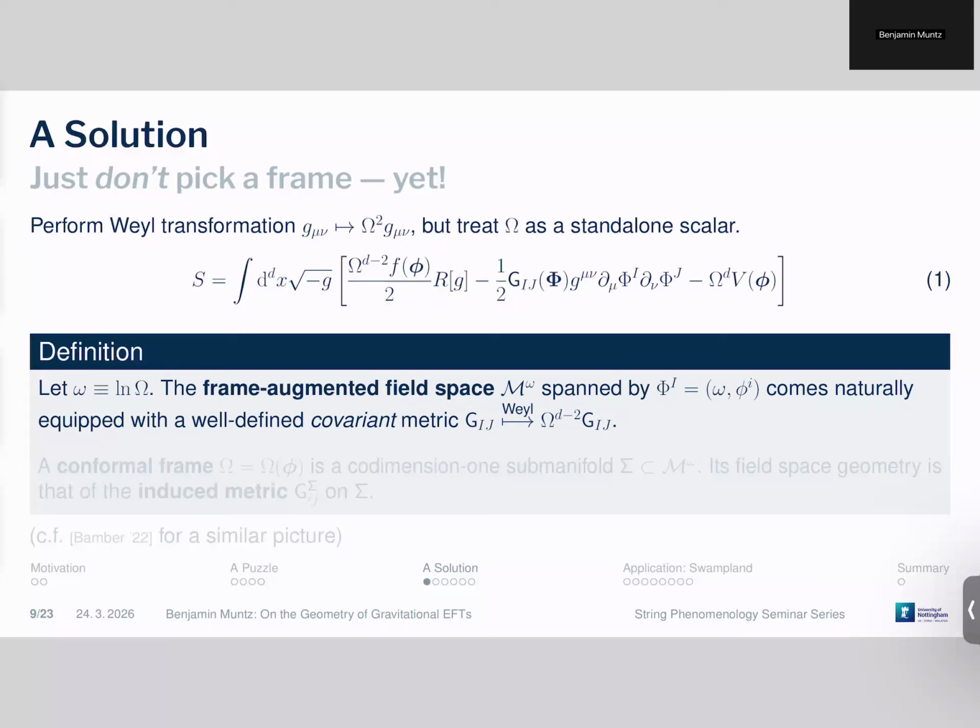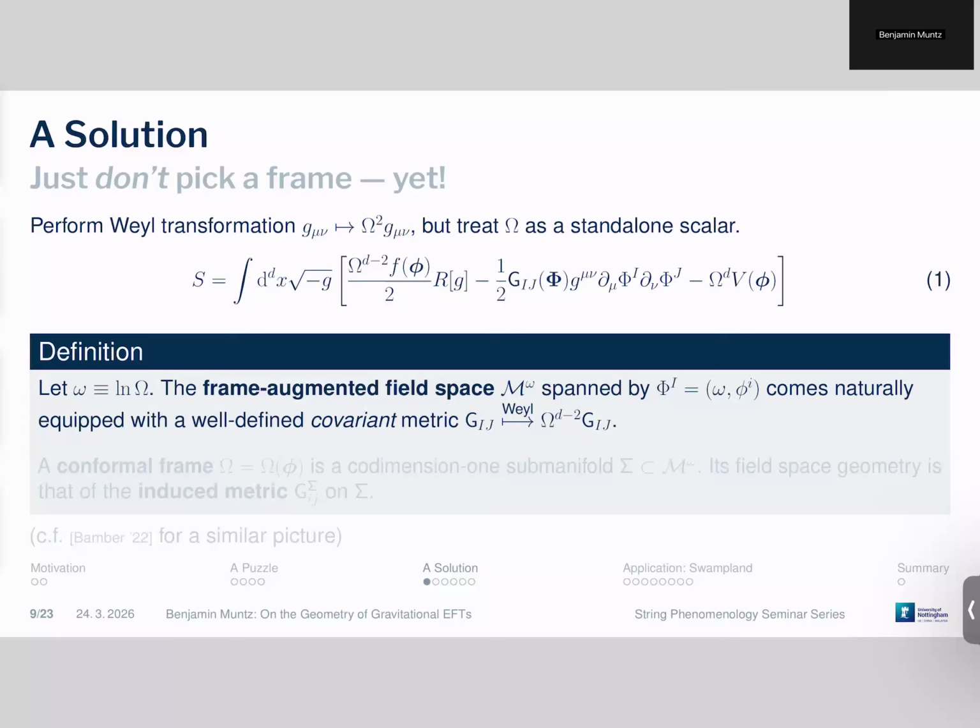Then I can define this frame-augmented field space metric. And it transforms covariantly. So if I perform another Weyl transformation, I don't get all of these extra factors, in a sense, because by promoting the conformal mode to a scalar field, I've already performed a Weyl transformation. So doing another one doesn't really change a lot.